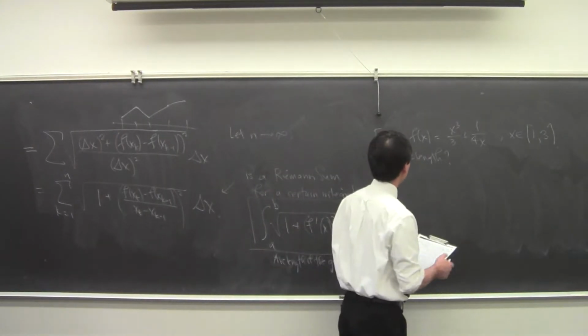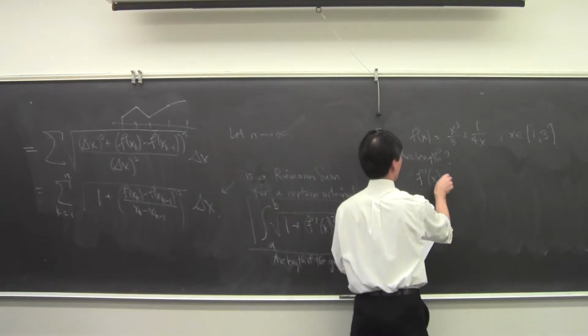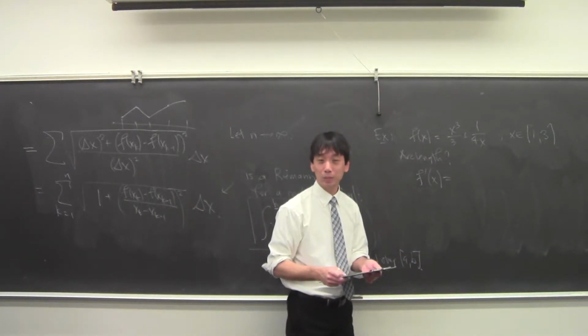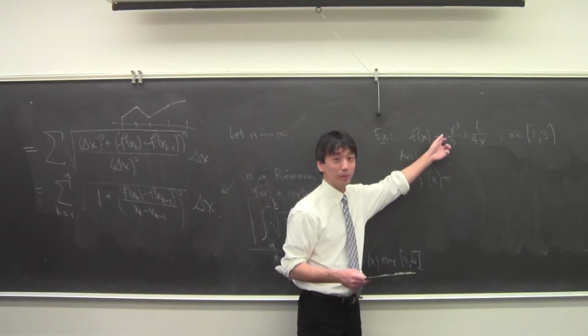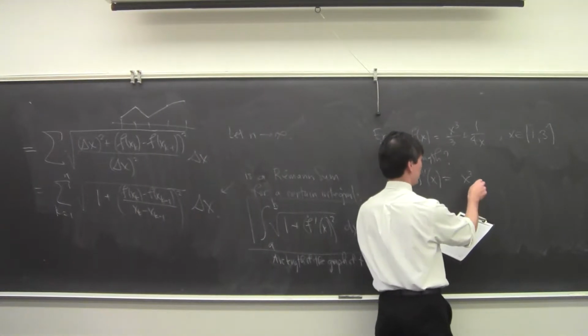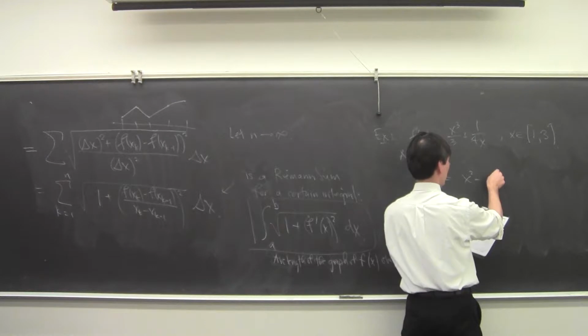Let's just write this down. So, what's F prime? Is it too easy? x squared? Yep. Minus 4 over 16 x squared.